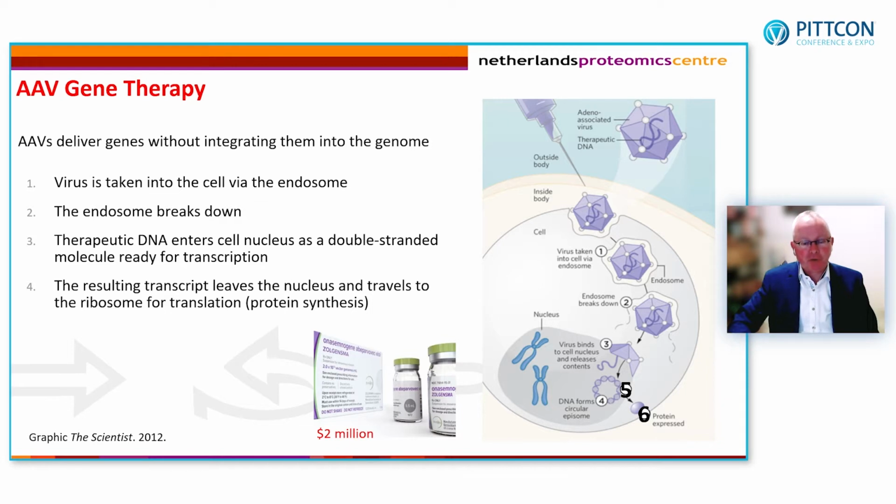When the virus is then injected into a person, the virus gets into the cells, the virus breaks down, and then the transgene that is brought into the body can be transcribed by the DNA and can lead to protein production. This is not just science fiction, this is really happening at the moment. So it's used for gene therapy, and one of the most famous examples at the moment is Zolgensma, which really used AAV particles to deliver a transgene.